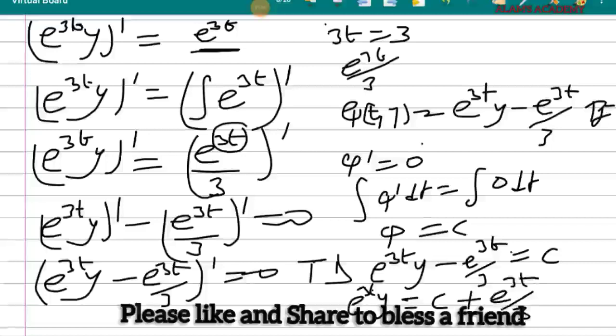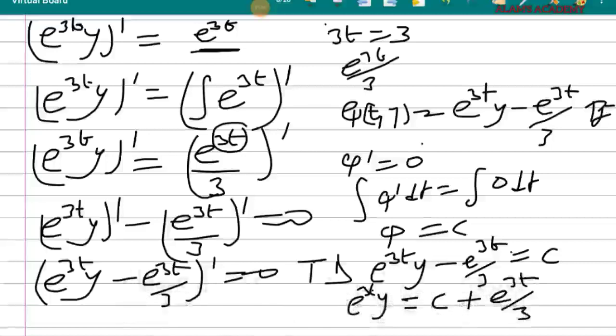Now we go further by dividing through by e exponent 3t, because we are looking for y. So we divide here by e exponent 3t, and divide this by e exponent 3t.